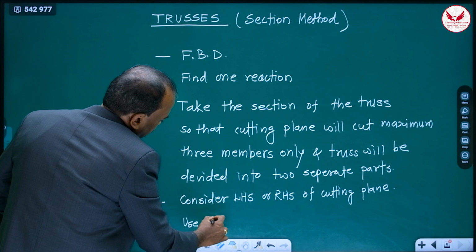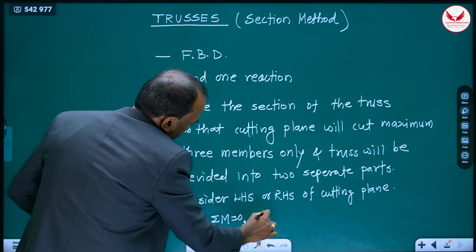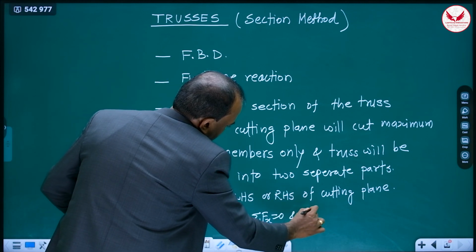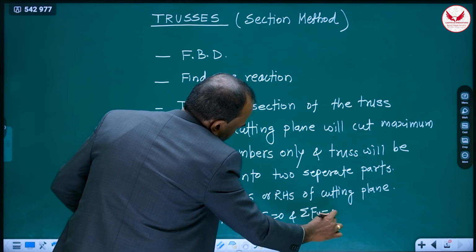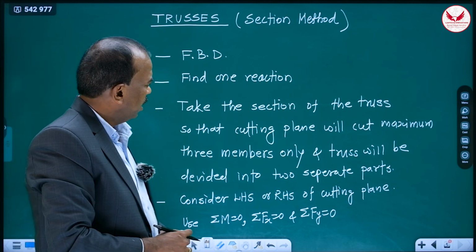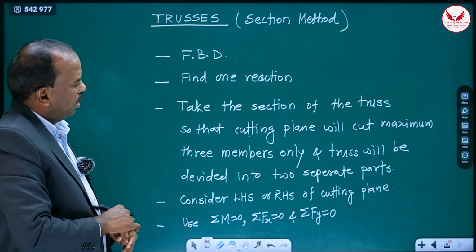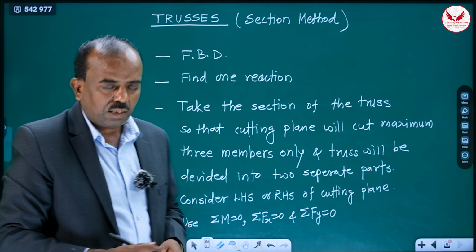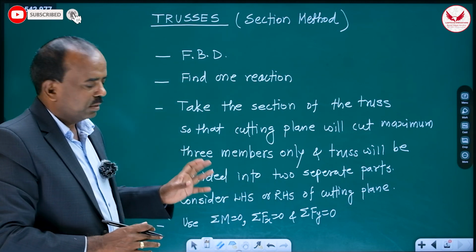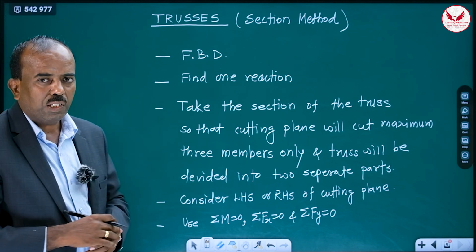Use summation M equal to 0, summation Fx equal to 0, and summation Fy equal to 0. That sequence I'll tell while solving the problem only. If you follow these steps in the section method, then easily you can get the answer, and it is a very fast method of solving the truss example. Now we'll see a few examples on this.